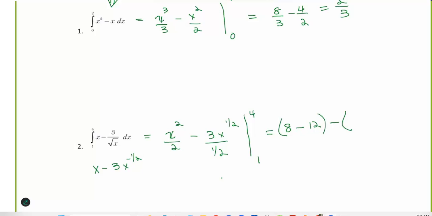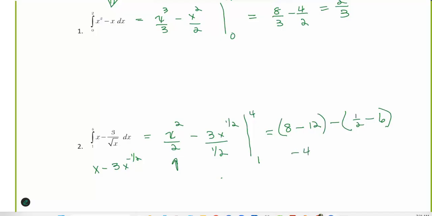So let me think about this for a second. If I plug in a 1, so that's 3 divided by 1/2, which is going to end up being, oh, I'm so sorry, I have to do this one first. Lost my head. So that's going to be 1/2. 1/2 minus, and then 3 divided by 1/2 is just like 3 times 2. So I have that. Okay, so let's clean this up.